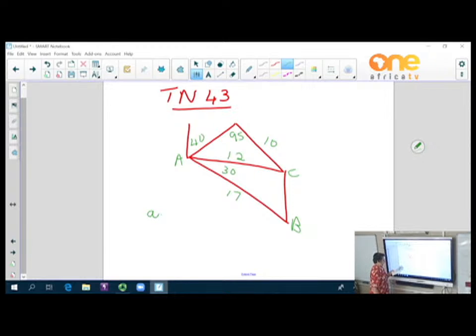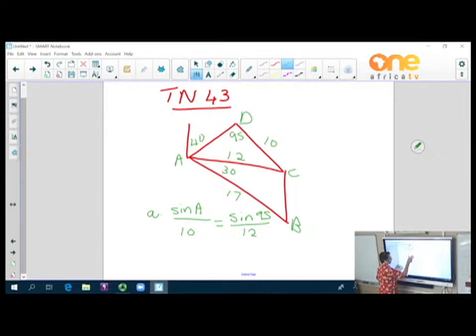Calculate angle CAD. Angle CAD, this one. So we can use the sine rule because you have opposite sides and opposite angles there. We want to find the angle. So sine A, and this is opposite the 10, is equal to sine 95 over 12.